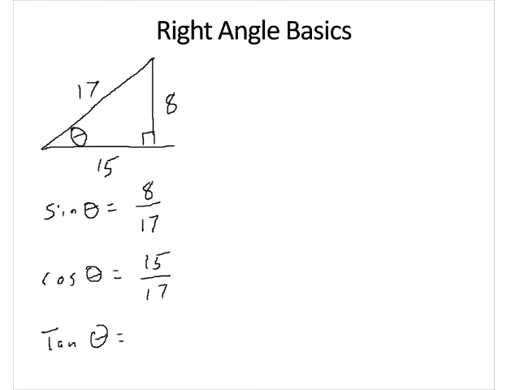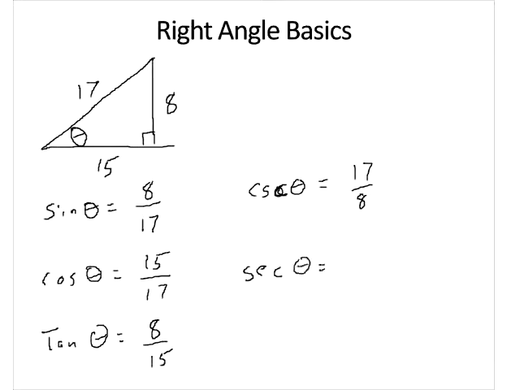Tangent of theta is going to be the opposite over the adjacent, so 8 over 15. The other three: cosecant theta is going to be the hypotenuse over the opposite side.